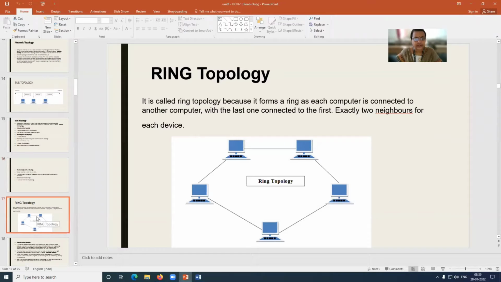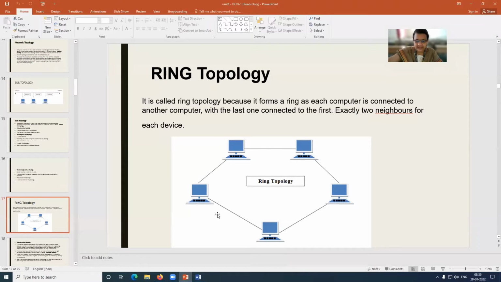Next, we will go to the next, somewhat faster network topology, which is nothing but the ring topology. It is called the ring topology because you can see the systems or nodes are arranged in a ring. All the nodes are connected to each other, not by a single cable.